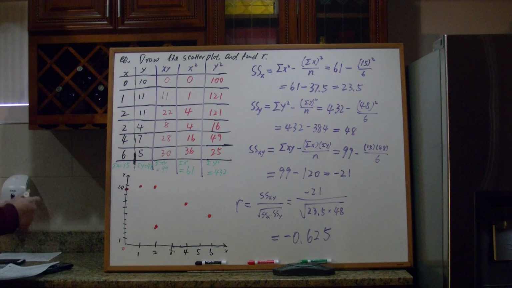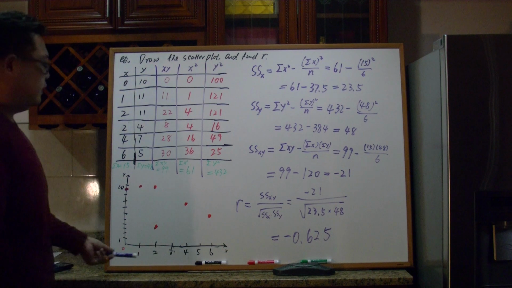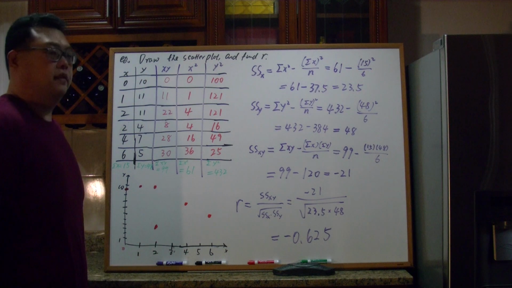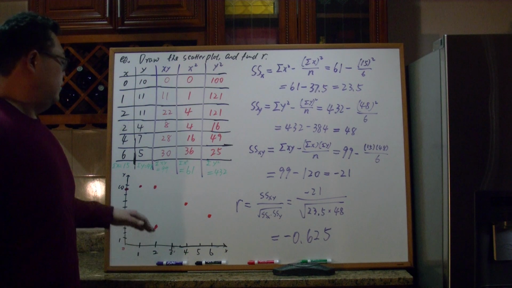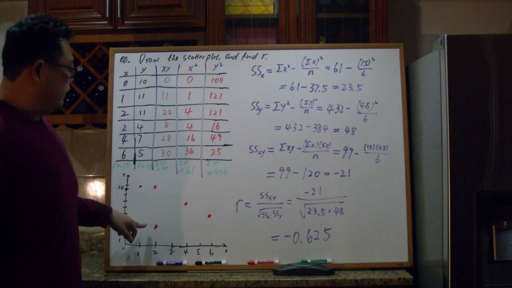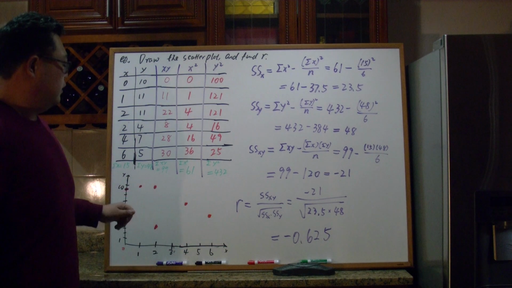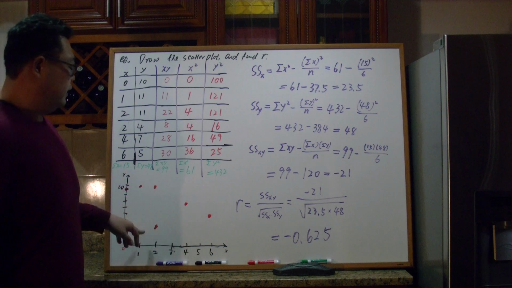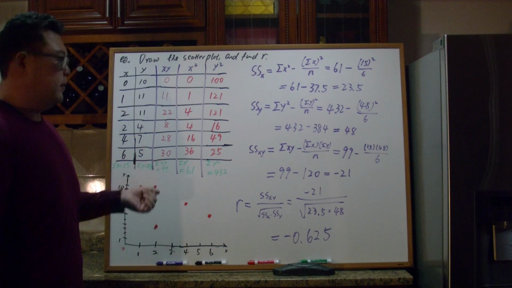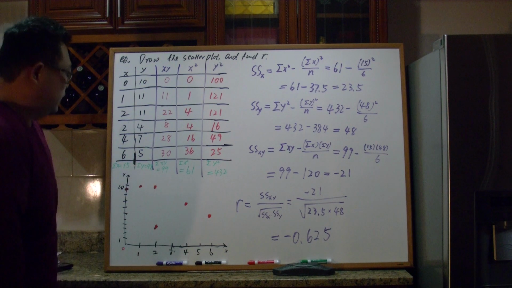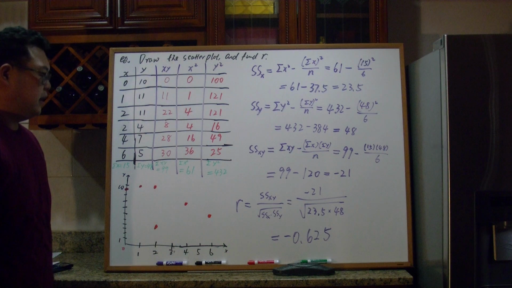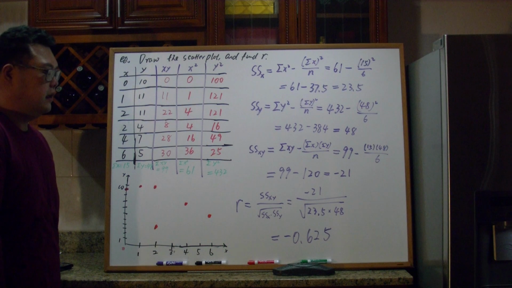This r again maybe looks like a negative 0.6, right? The absolute value is 0.6 something. Well, from the graph, if we don't have this point, maybe it looks like a much stronger linear pattern, right? But with this point, maybe not as strong. And we see that the r is not an absolutely large number.